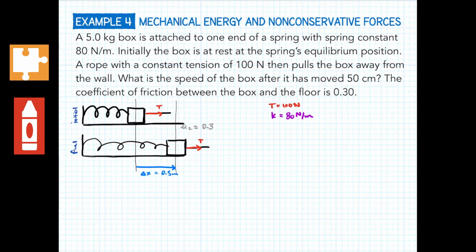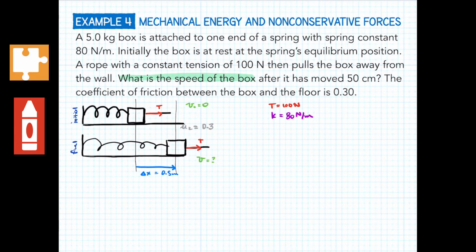Okay, what's going on with the velocity in your initial situation? Does it start at 0? Yeah. So v initial is equal to 0, and later we have some v that we don't know. That's what we're looking for, okay? We want to know what is the speed of the box.